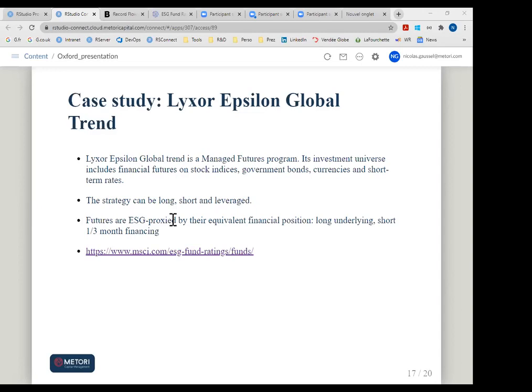A future is just being long the underlying and short a short-term financing. Since we are with our risk approach, the financing leg is negligible in most cases with respect to the long leg, the underlying leg, except for the case of short-term rates where we have to proxy something.